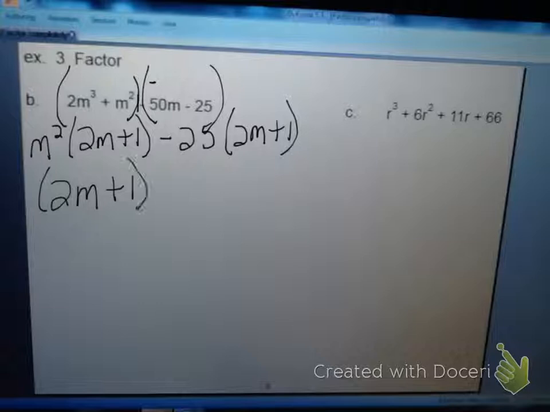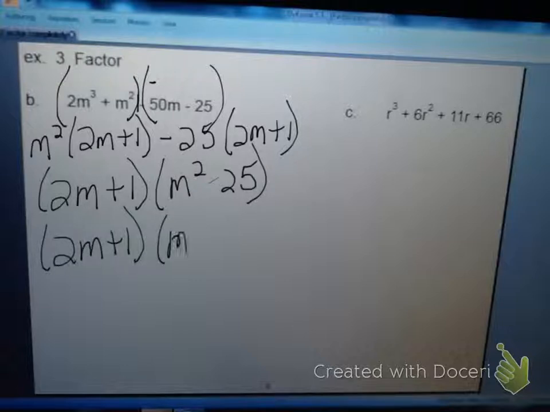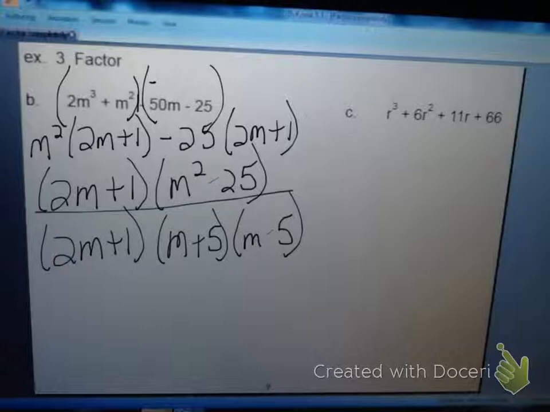Now I'm going to pull out a 2m plus 1 and get m squared minus 25. The 2m plus 1 I bring down, but the m squared minus 25 factors into m plus 5 times m minus 5. So make sure you look at your flow chart to help you.